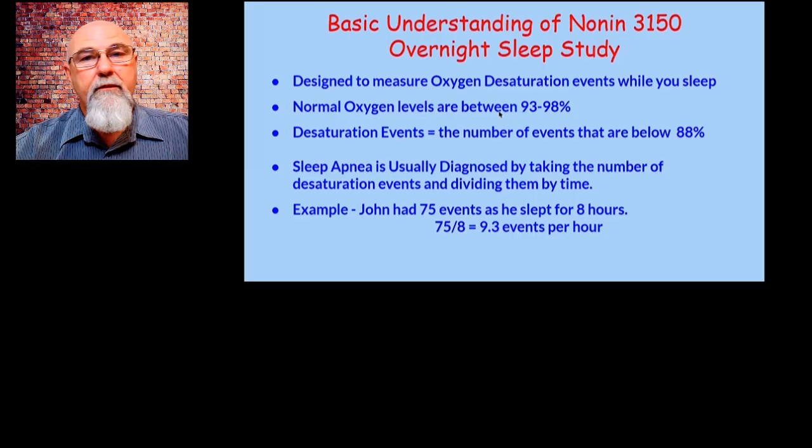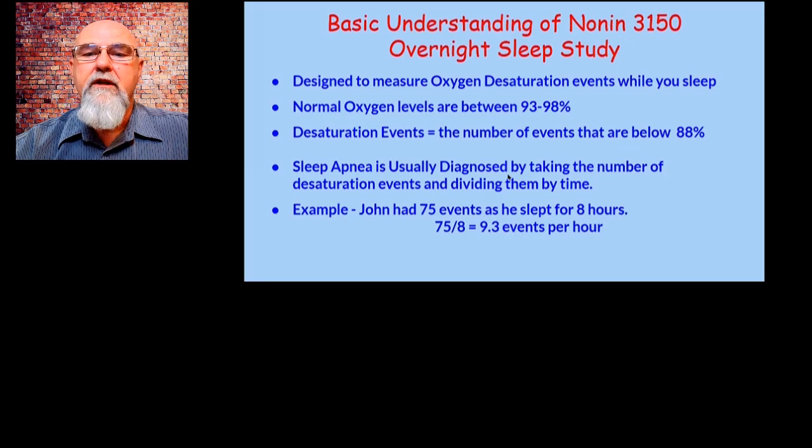Normal oxygen levels are between 93 and 98%. Find that pretty true. Desaturation events are the number of events where your oxygen drops below 88%. So again, pay attention to that. Desaturation events: how many times during the night while you were sleeping did your oxygen drop below 88%?